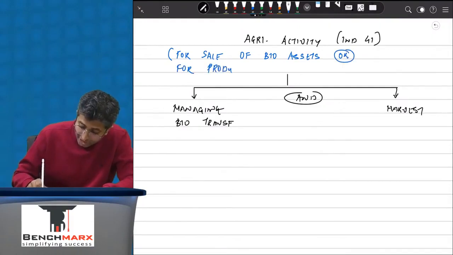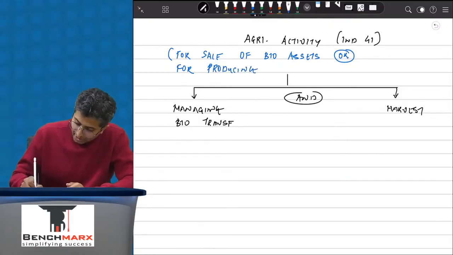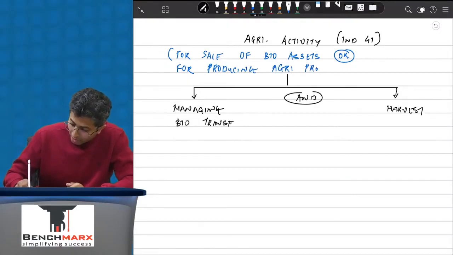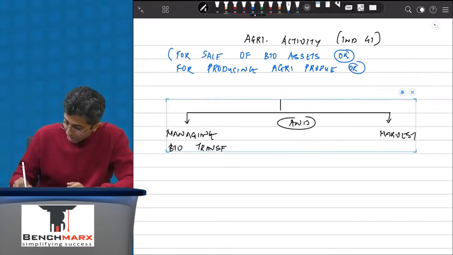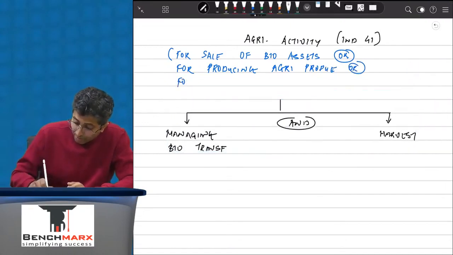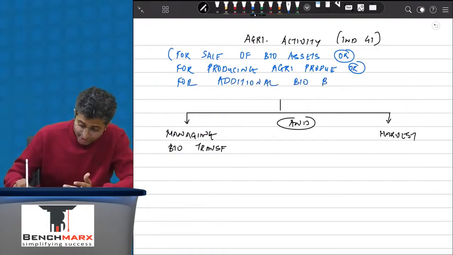So you are managing biological assets like cows for, let us say, milk, producing the agricultural produce, or you are managing the biological transformation and the harvest for producing additional biological assets, like a breeding farm, for example.